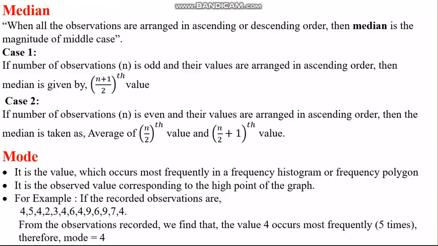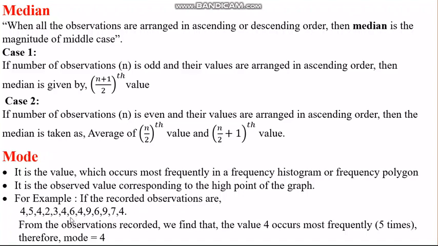Mode is that value which occurs most frequently in a frequency histogram or a frequency polygon. It is the observed value corresponding to the high point of the graph.